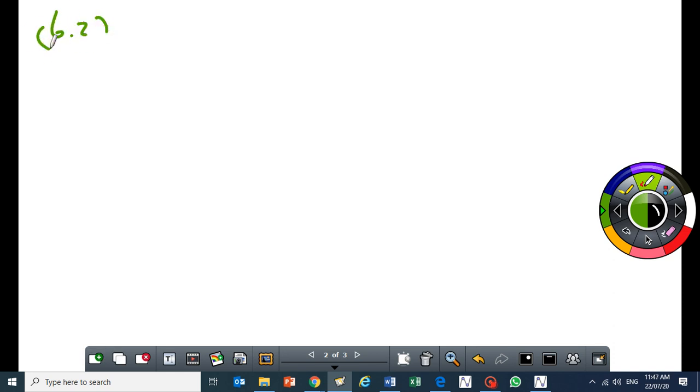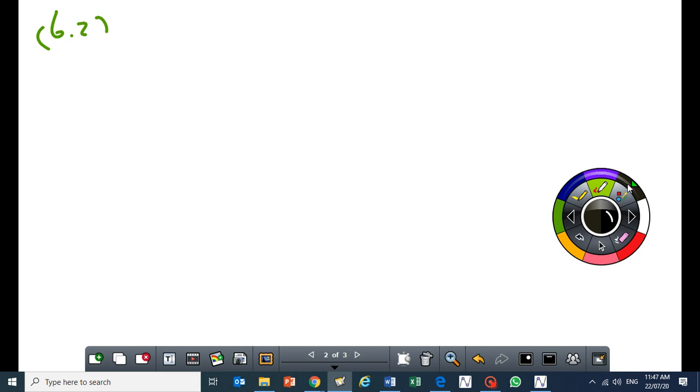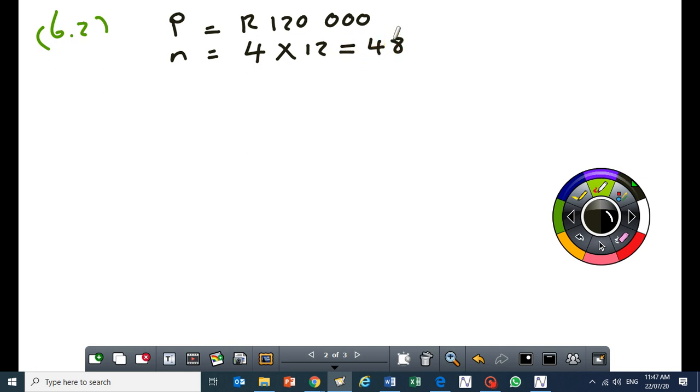6.2 says calculate the monthly payment required to settle the loan. Based on the information that's given, our P is 120,000. Our N is 4 years, but the interest is compounded monthly, so it will be times 12, and then you get 48.